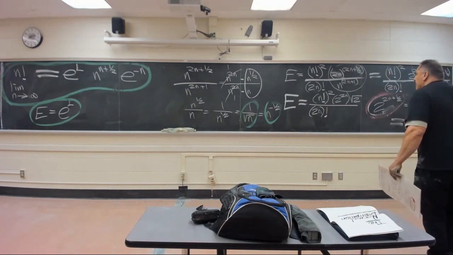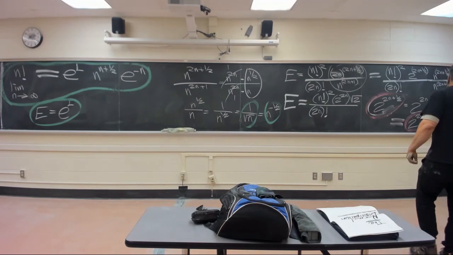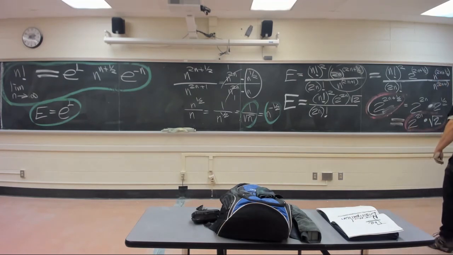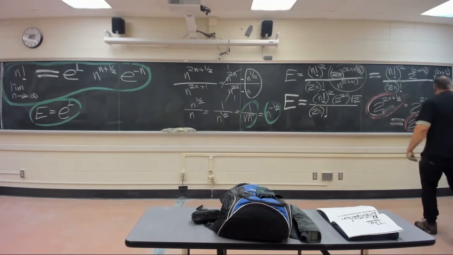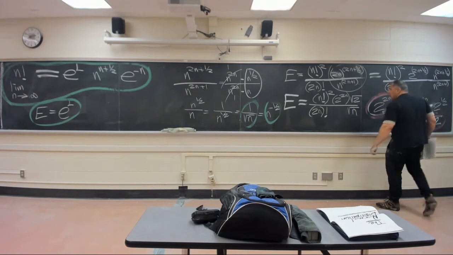The other stuff left, you got 1 over, you got the square root of n on the bottom there on that one. For that, correct. Looks good. All right, here we go. We'll write it like that.